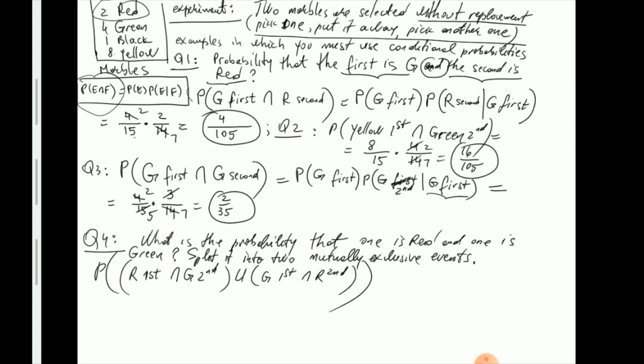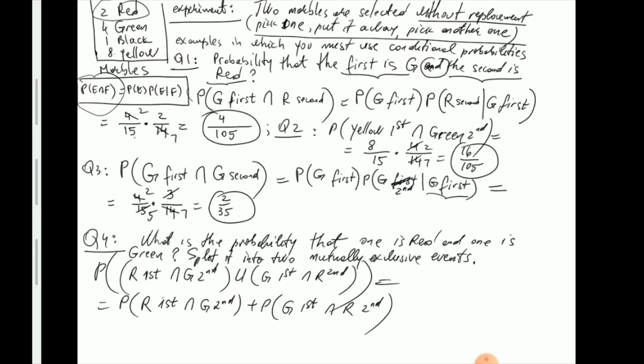So as we know from the previous formulas, the union in this case is the sum of the probabilities. So you compute the probability of red first and green second, plus the probability of green first and red second.